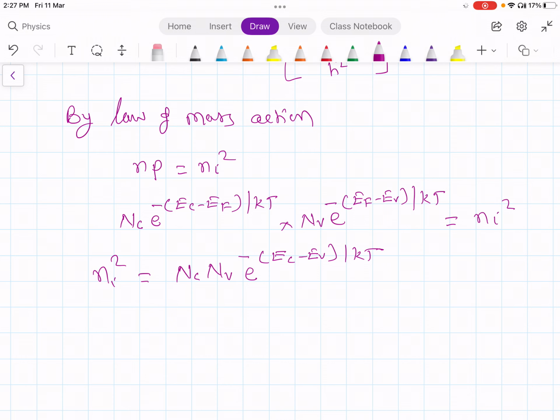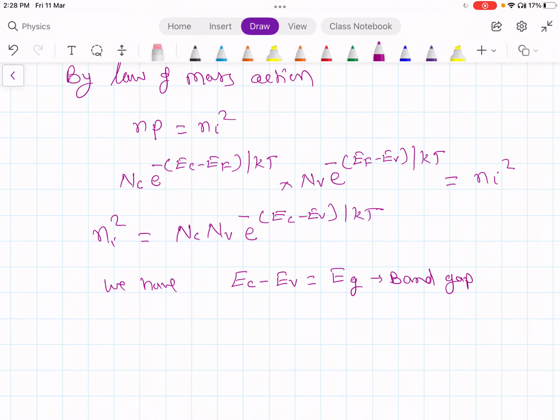However, we know that Ec minus Ev is equal to Eg, that is the band gap. In this, Ec is the bottom energy level in the conduction band, and Ev is the topmost energy level in the valence band. The difference between them is the band gap.